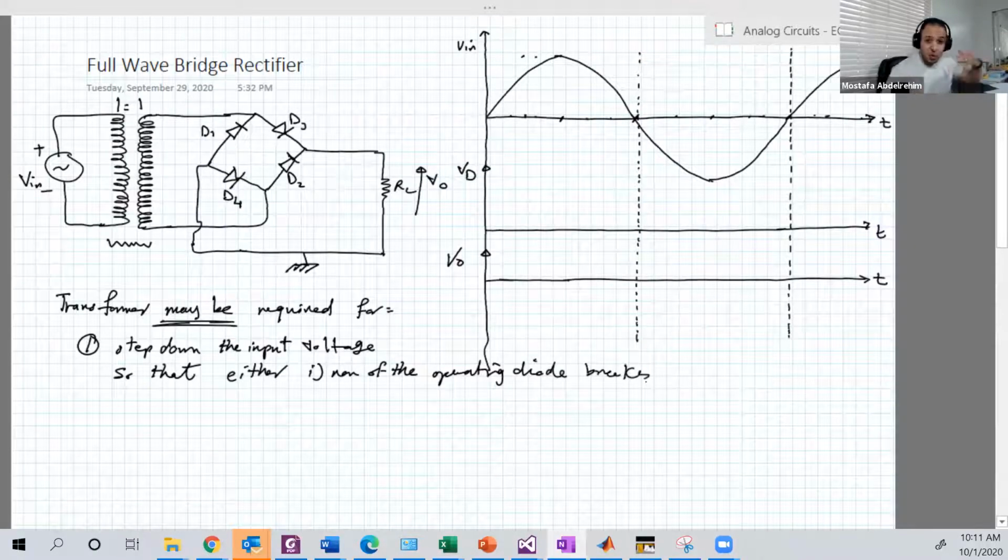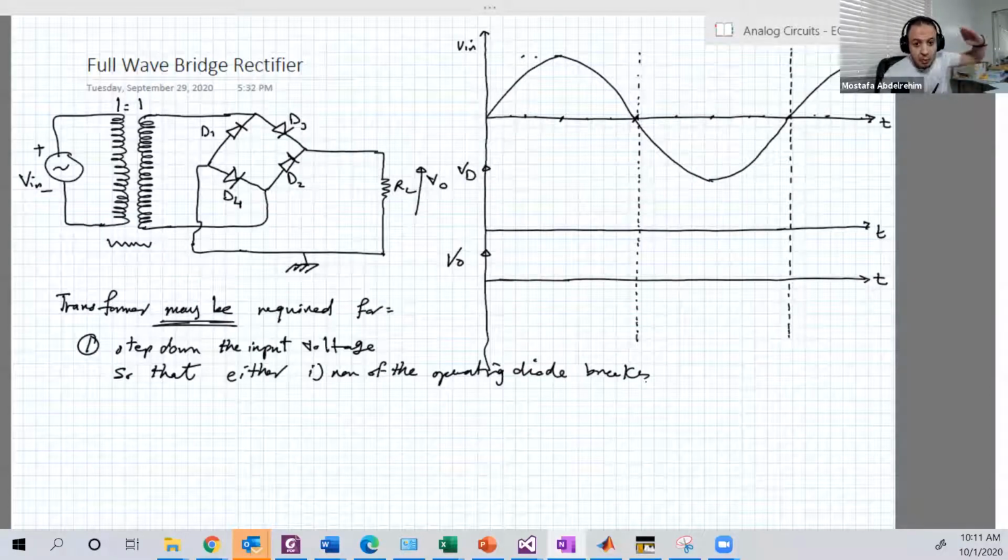Maybe the input is too high, and each element in our circuit has a maximum power it can hold, otherwise it will break.